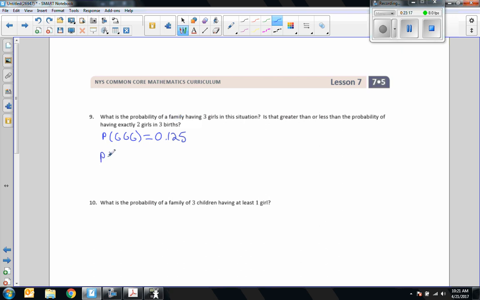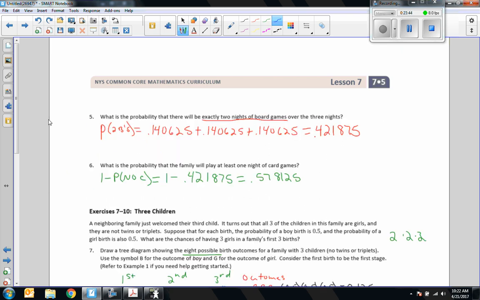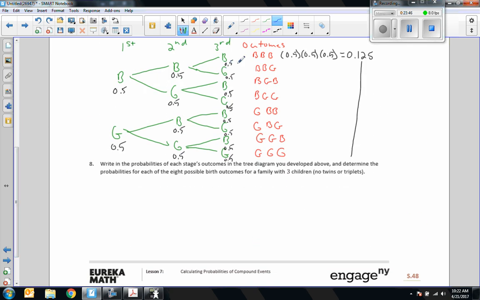So, the probability of having 2 girls equals the probability of boy, girl, girl, plus girl, boy, girl, plus, that's a probability as well, plus the probability of girl, girl, and then boy. In other words, the probability of 2G is here, here, and here.